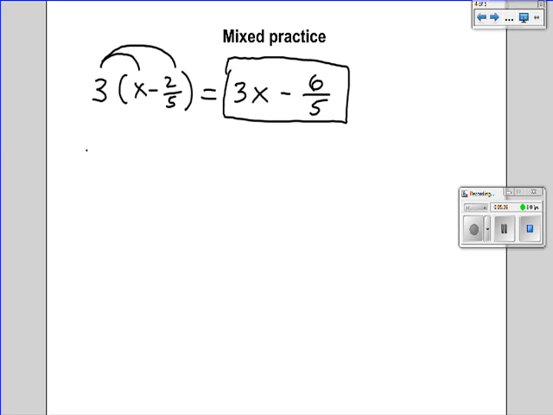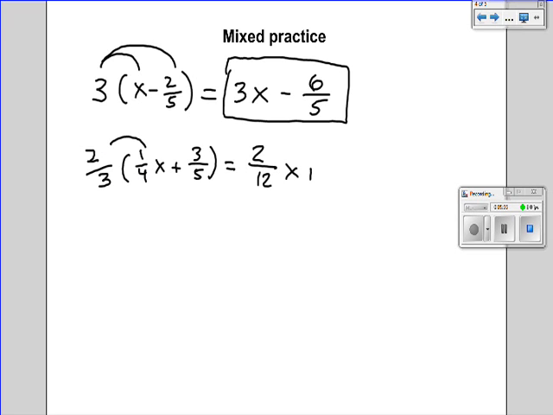Let's say now I have 2/3 times 1/4 x plus 3 over 5. Well, we know this is going to be 2/3 times 1/4 x first. So 2 times 1 is 2. 3 times 4 is 12.